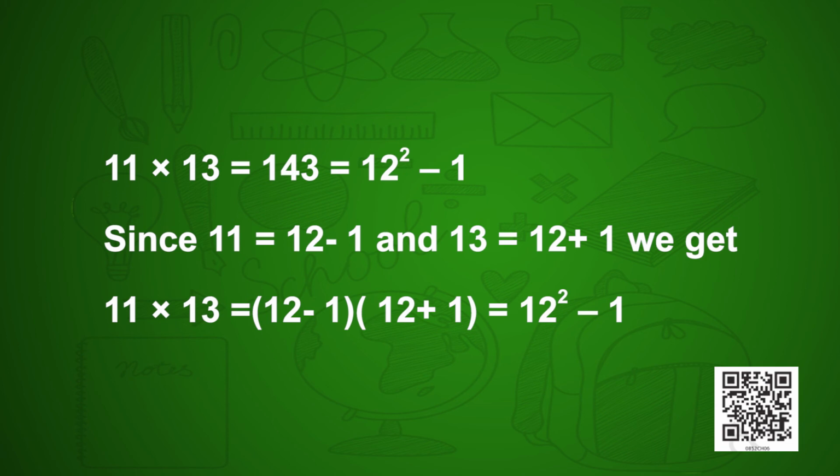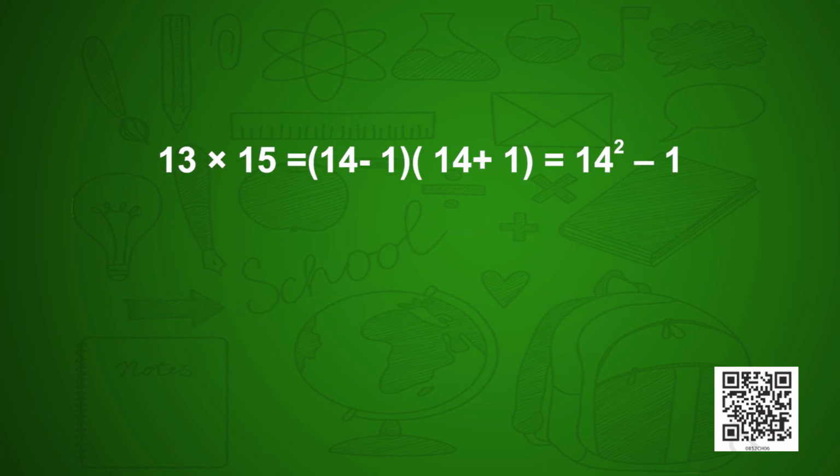So, we get 12 square minus 1. Similarly, we also have 13 times 15, where 13 can be written as 14 minus 1 and 15 can be written as 14 plus 1. So, again by using the same identity, we get 14 square minus 1.